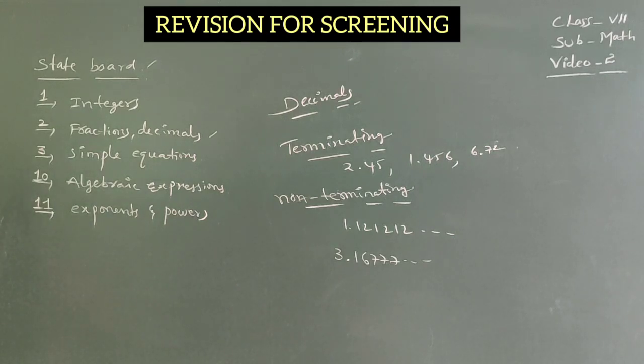The decimals are classified into terminating and non-terminating decimals. Decimals in either form, you can convert into fractions. How can you convert to fractions? I already gave it in the previous videos. Have a look there.